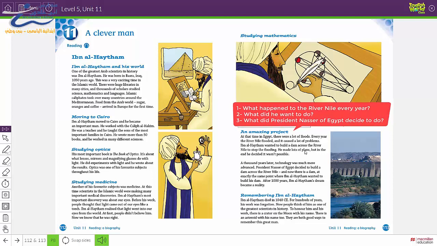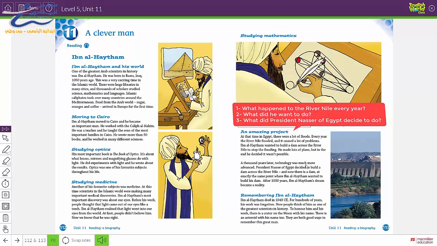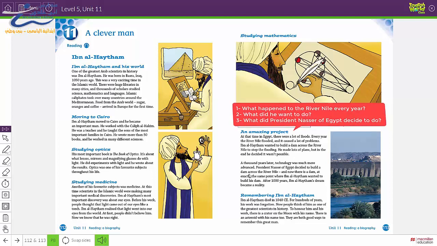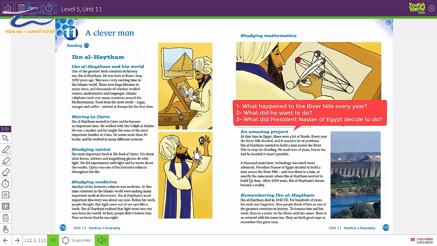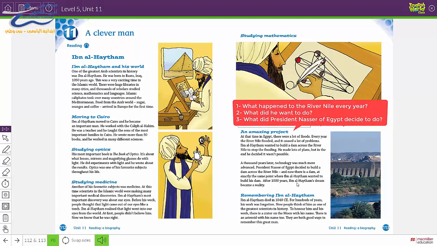He made lots of plans, but in the end, he decided it wasn't possible. 1,000 years later, technology was much more advanced. President Nasser of Egypt decided to build a dam across the River Nile. And now there is a dam at exactly the same point where Ibn al-Haytham wanted to build his dam. After 1,000 years, Ibn al-Haytham's dream became a reality.